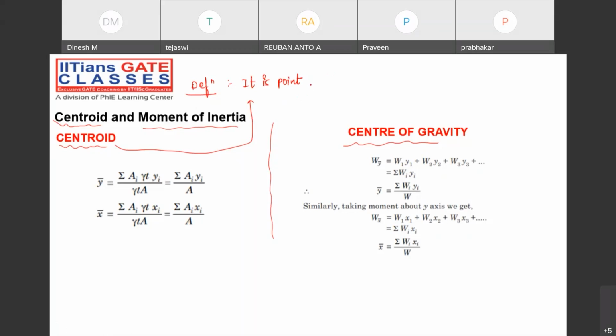Then what is the difference between centroid and center of gravity? Centroid is valid for plane area, for 2D. And center of gravity is for human body, 3D figure.